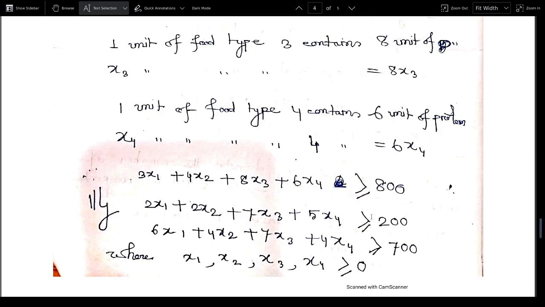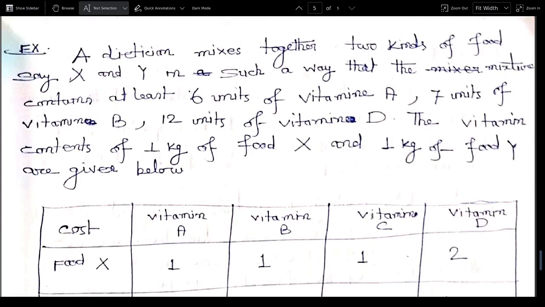A dietitian mixes together 2 kinds of food, say X and Y, in such a way that the mixture contains at least 6 units of vitamin A and 7 units of vitamin B and 12 units of vitamin D. Contents of 1 kg of food X and 1 kg of food Y are given.